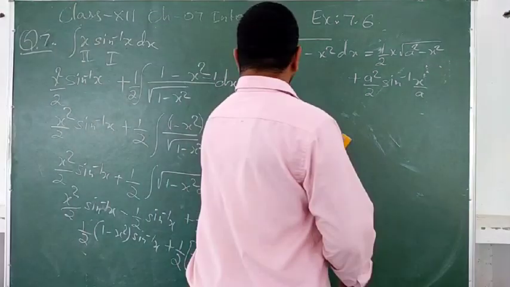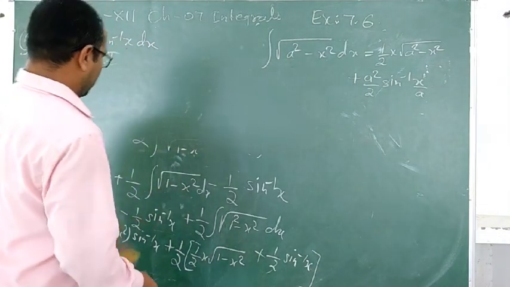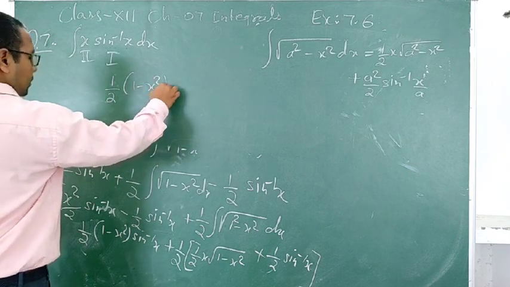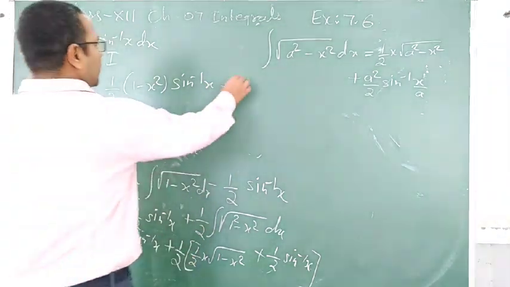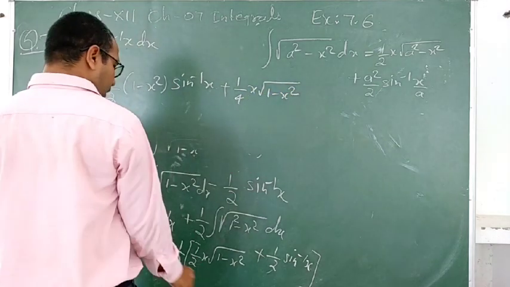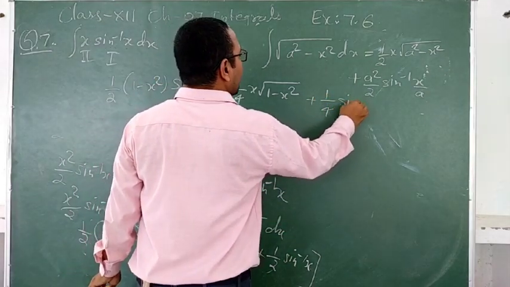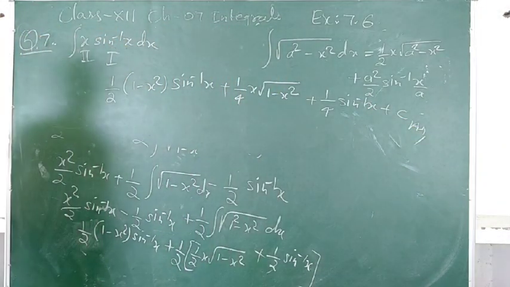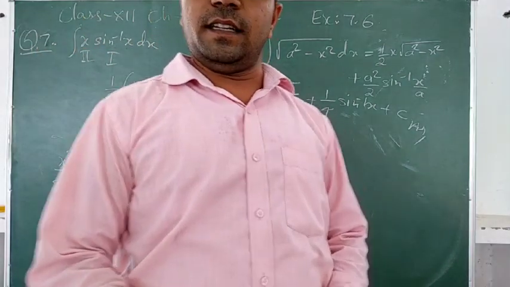So we will get our answer, that is 1 by 2 into 1 minus x square sin inverse x plus, just multiply this one, how much you will get here? 1 by 4 into x root 1 minus x square, and 1 by 4 sin inverse x, plus one constant c, and put this much as an answer. Clear, students? So question number 7 is now completed. So let's see here next questions.